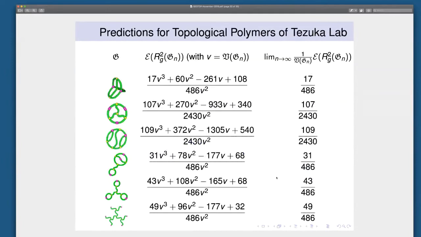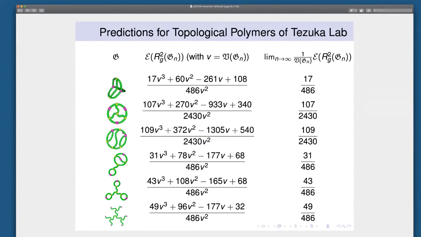Okay, so Tezuka's lab was able to synthesize a solution consisting of the following 6 graph types. It turns out that the number of junctions of each type was the same in many of these cases.